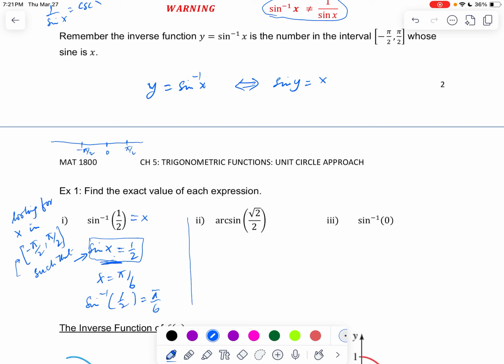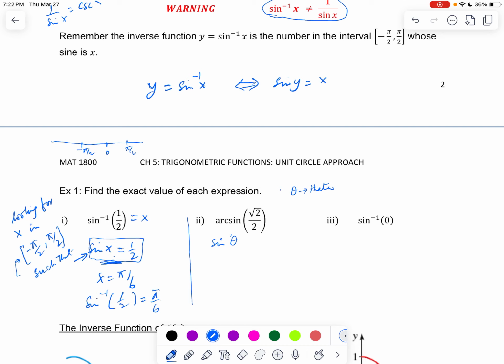In the same way, looking at the next one, arc sine of square root of 2 over 2, we are looking for a number such that sine of that number equals square root of 2 over 2. It's your choice what you call that number, t or x, or there is another symbol that you will learn in chapter 6, which is theta, the Greek letter theta.